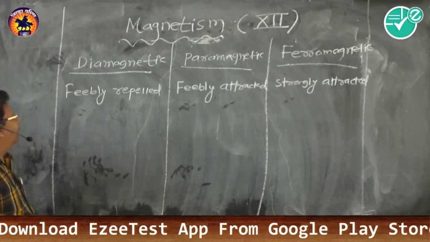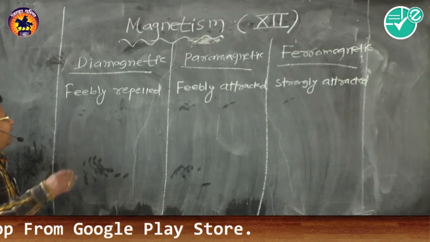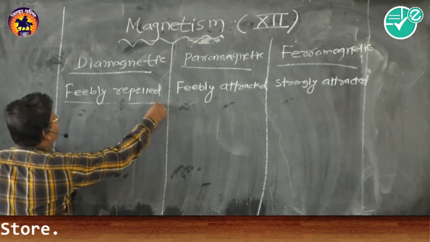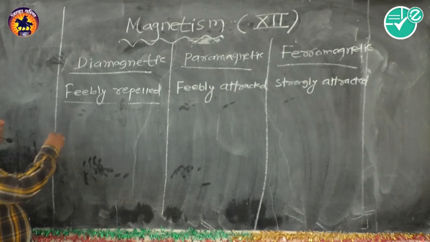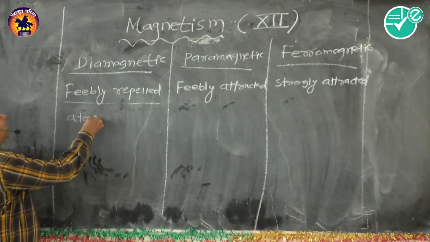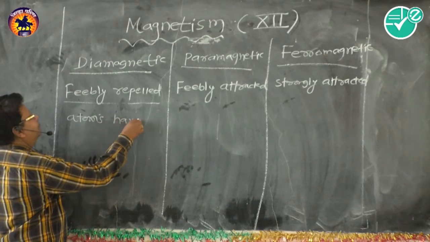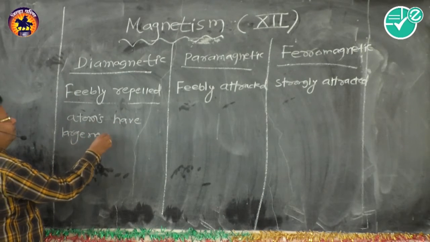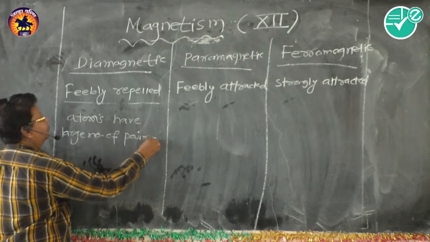Then another property of these substances: the substances that are feebly repelled, that means substances whose atoms have a large number of paired electrons.